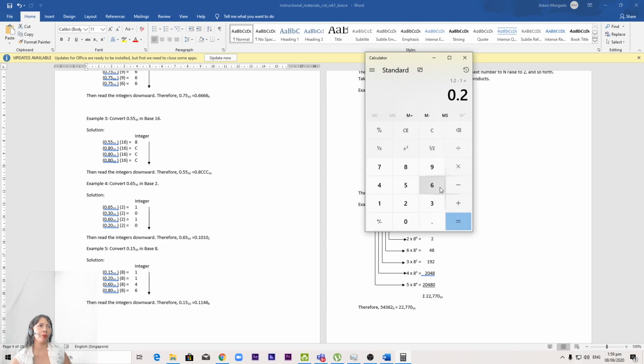Multiply 0.2 by 8, so we shall have 1.6. You write 1 here, then continue multiplying with 0.6. 0.6 times 8 gives 4.8, so you have an integer of 4 here, and then continue multiplying with the decimal part 0.8 times 8.